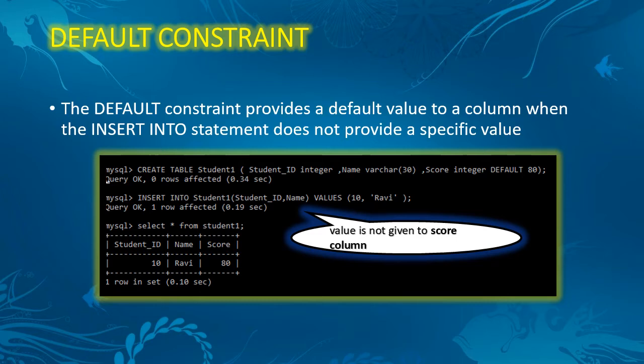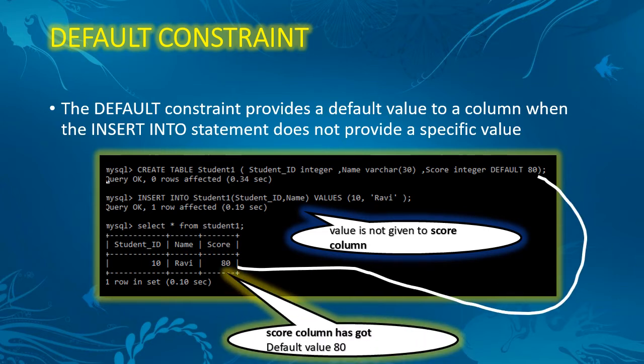And while I am inserting a row into the student1 table, I insert only two column values, student ID and name. Student ID 10, name is Ravi. So I don't give a value for the score column, and the default value 80 is inserted.